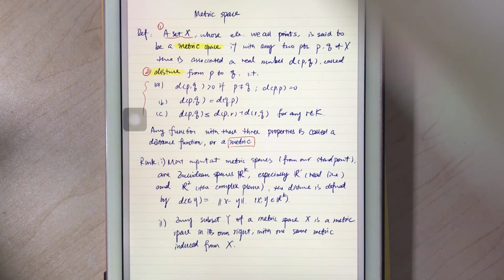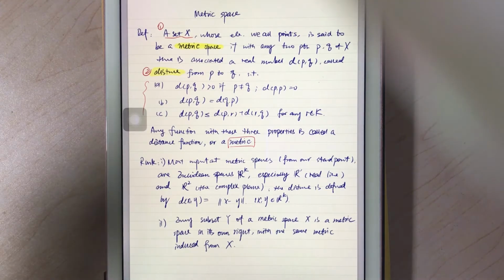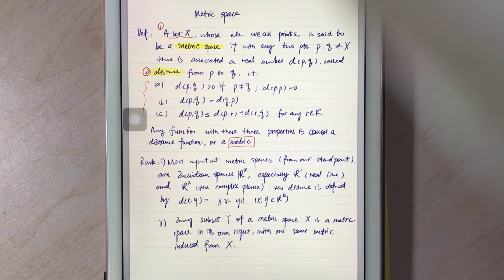And for the distance function, we will simply use the Euclidean distance, so the distance between two points in the space is simply the norm of x minus y.